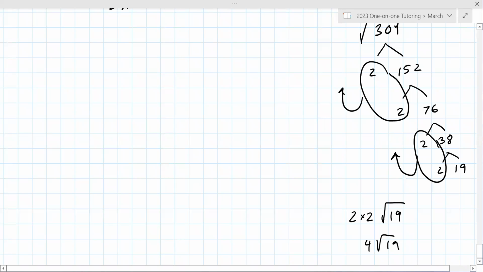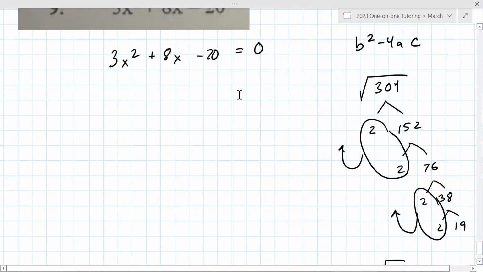All right, so you might find that a good strategy is to do the b squared minus 4ac first before you populate the entire formula.